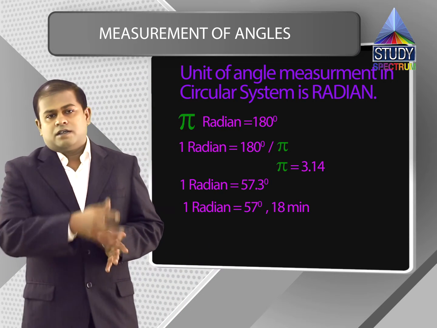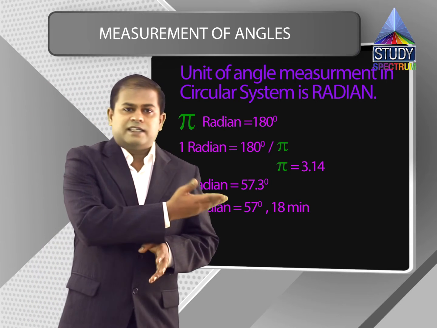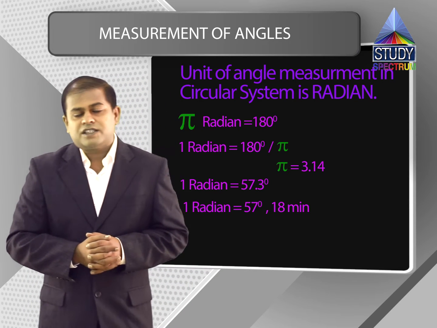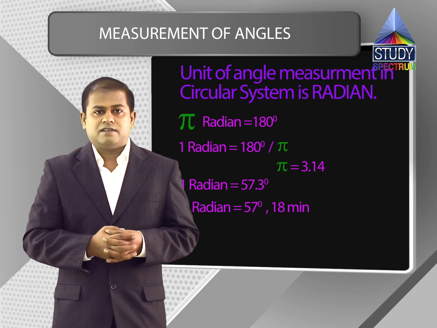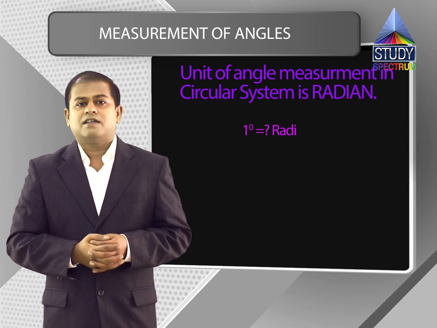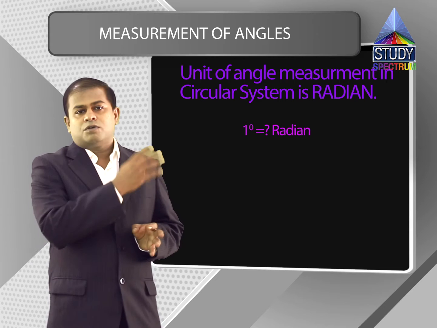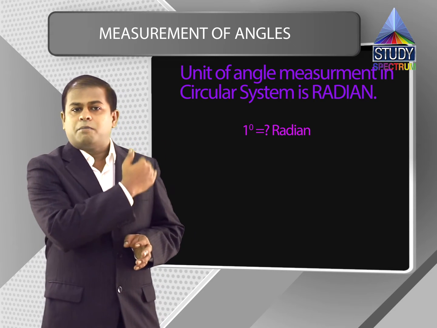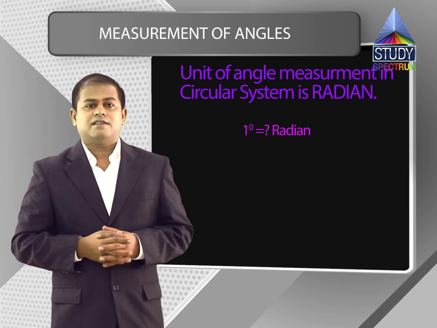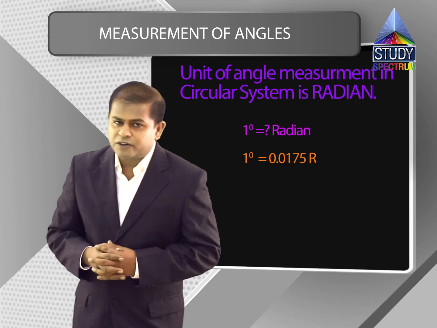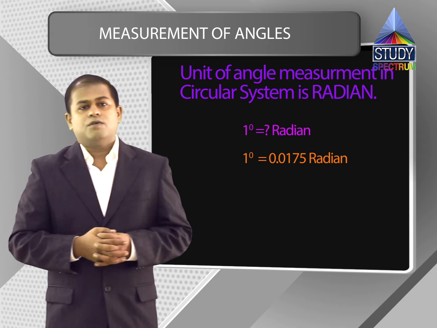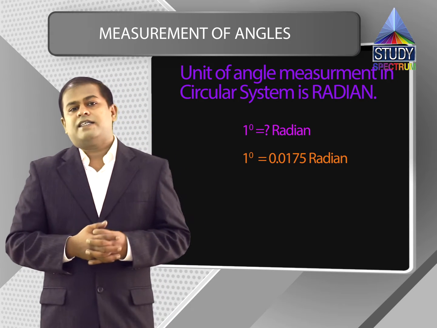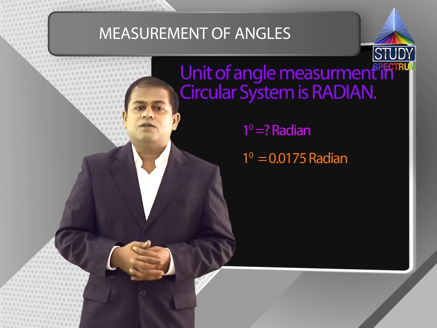Again, the equivalence is 180 degrees equals pi radian. So let's check, 1 degree makes how many radians? 180 degrees is pi radian, hence 1 degree is pi by 180 radians. If you put the value of pi as 3.14, the value of the expression pi by 180 is approximately 0.0175.